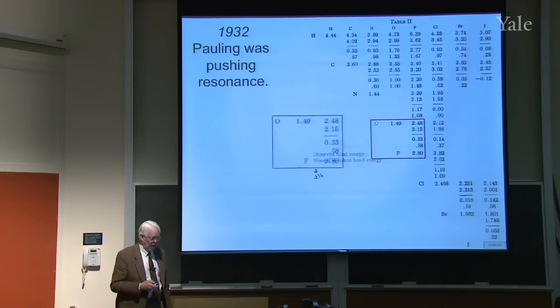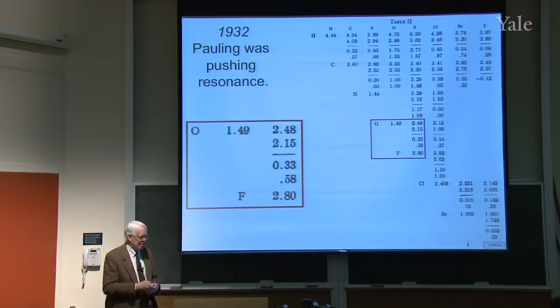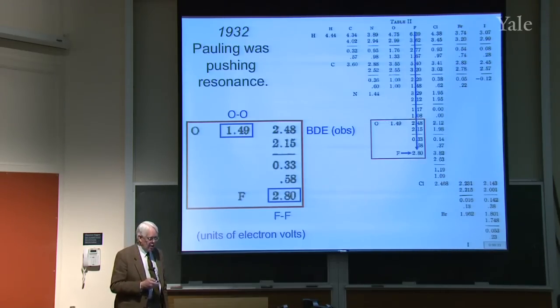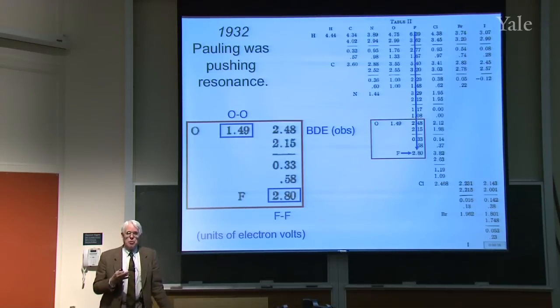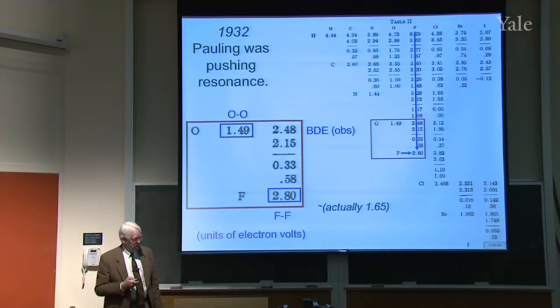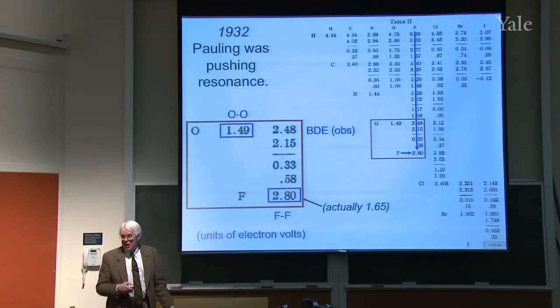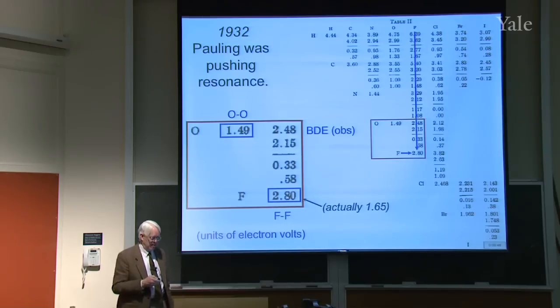Okay, now let's show how that works by taking one particular block here. So we're comparing oxygen and fluorine, okay? So here on the table, we look at oxygen, and its bond dissociation energy is 1.49 electron volts, okay? Or you can look over here, and fluorine is 2.80. So if the bond were normal, the oxygen-fluorine bond would be the average of those, right? Although remember, actually this is 1.65, it's not 2.80, but put that aside for now.